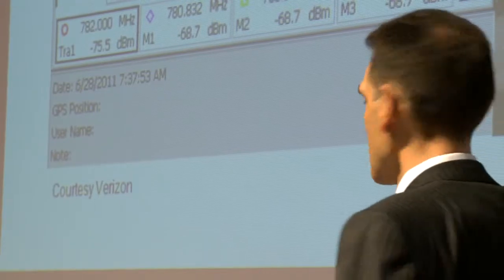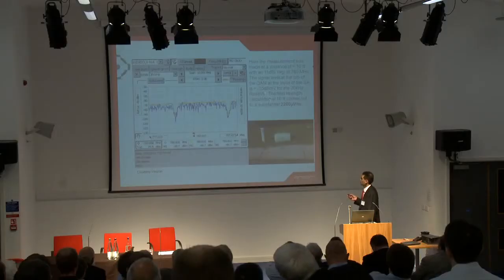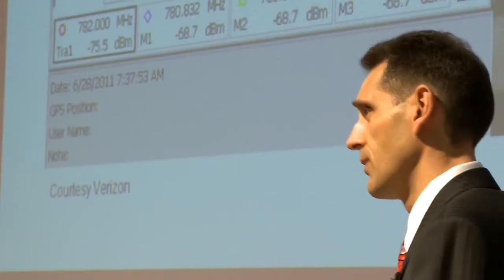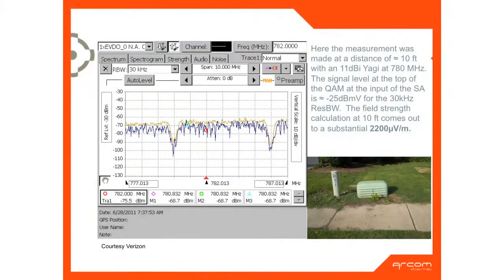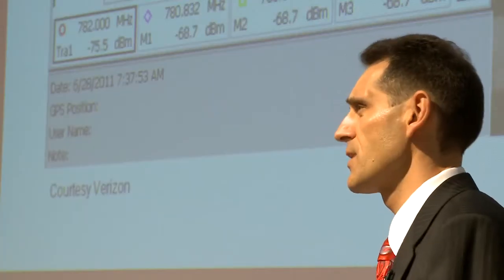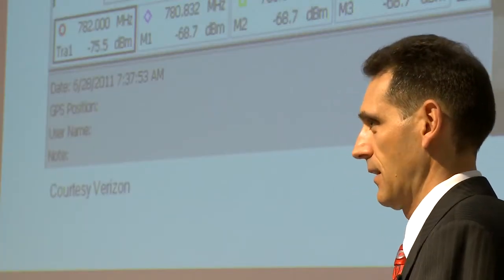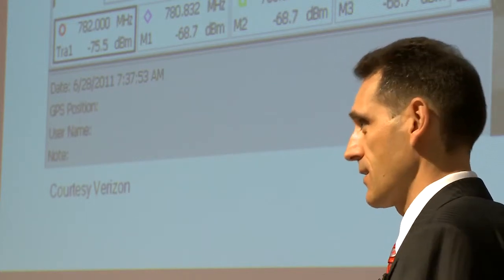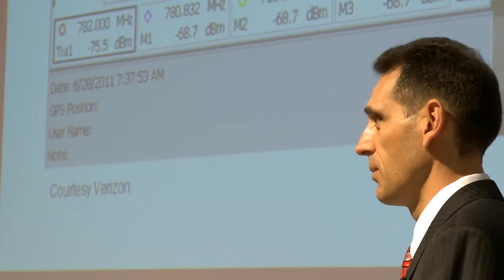So this is really close. The field strength, if we take this QAM signal that has a level of minus 25 dBmV and recalculate it to 30 kilohertz resolution bandwidth, then at 10-foot distance, comes out to 2,200 microvolt per meter. So no wonder that Verizon started looking for the source of the problem.